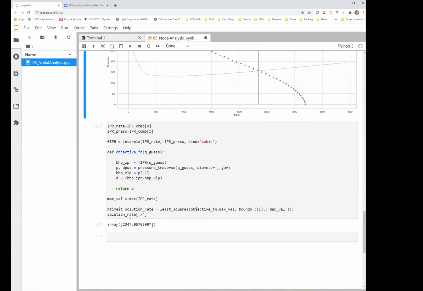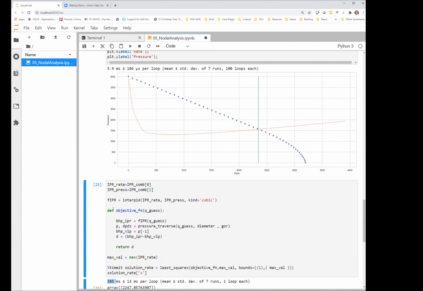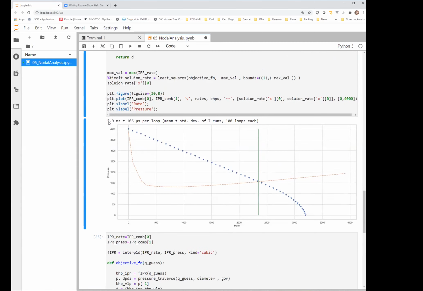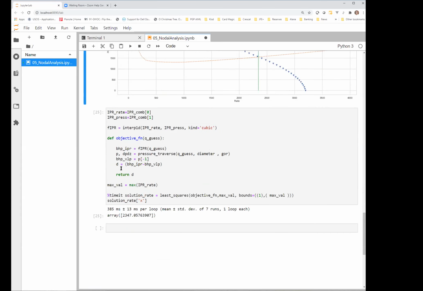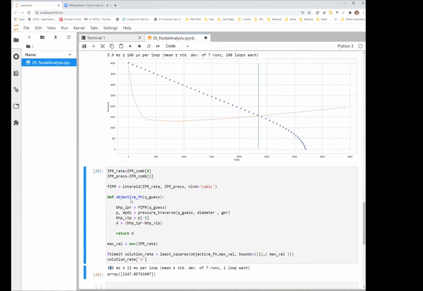We do the same for the online calculations. So we have 385. So it's pretty significant, the difference in terms of computational effort that we have to obtain this.